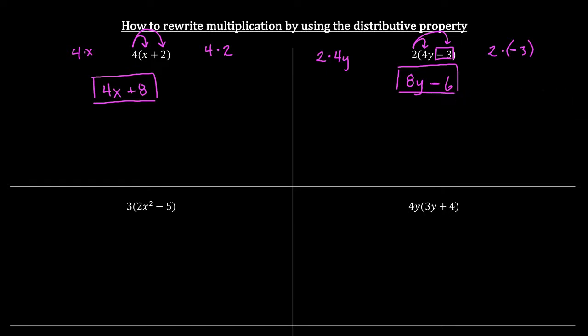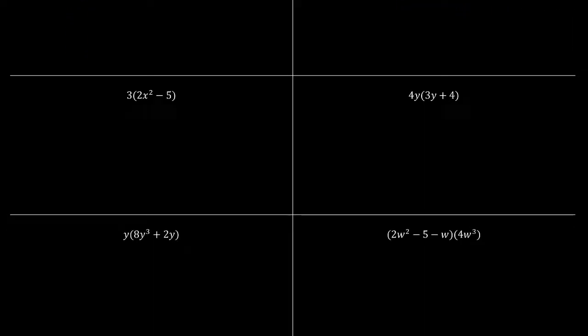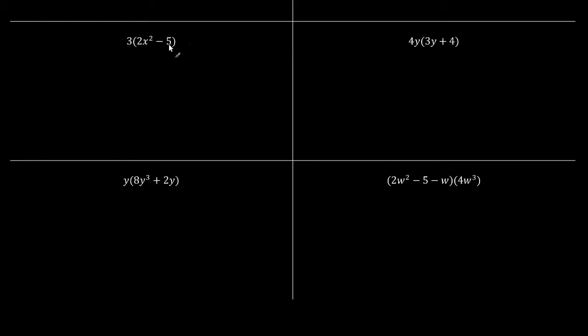Alright, so we have like 4 more we can work on. So a positive times a positive. So 3 times 2x squared. Positive times a positive is a positive. 3 times 2 is 6. No x's, x squared. A positive times a negative, so it's really 3 times -5.